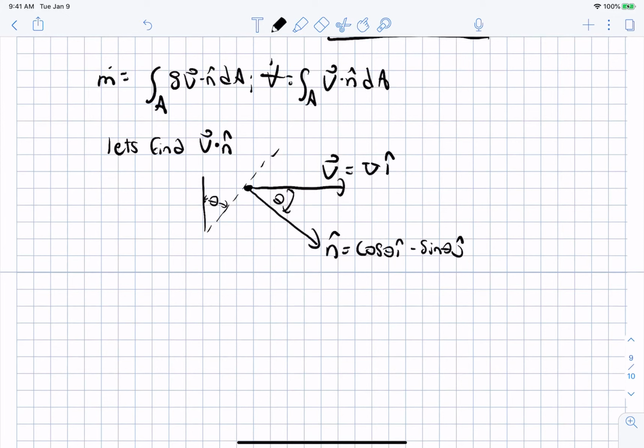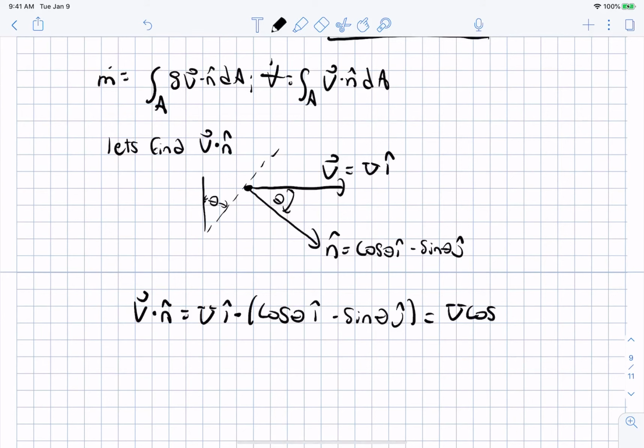Then v dot n hat equals v i hat, because that's what v is, dotted with cosine theta i hat minus sine theta j hat. And you can do the dot product and you wind up with v cosine theta.